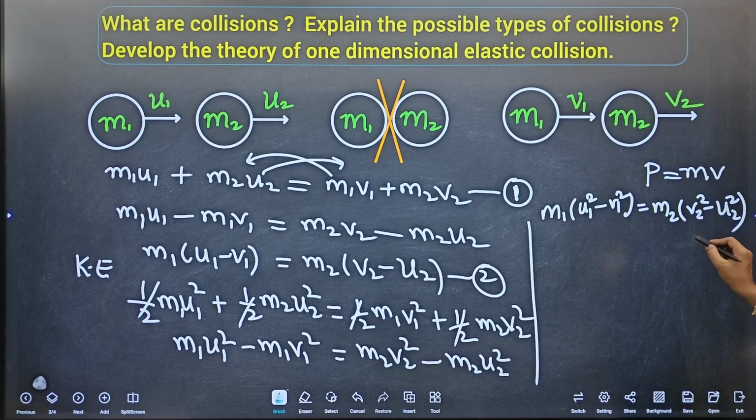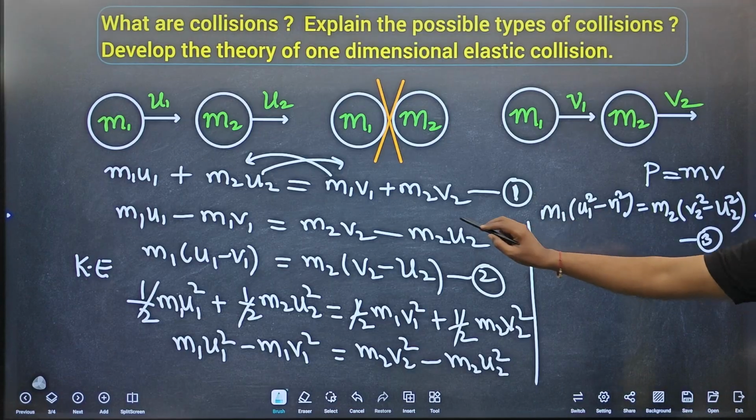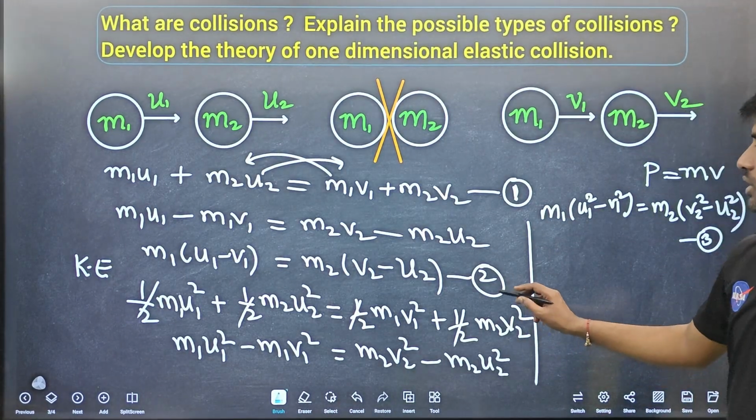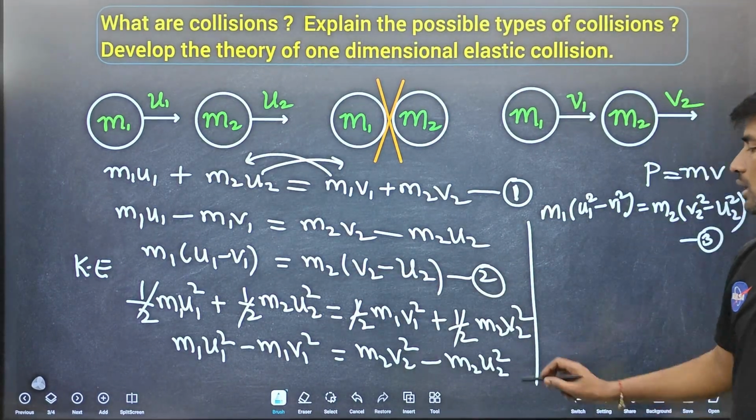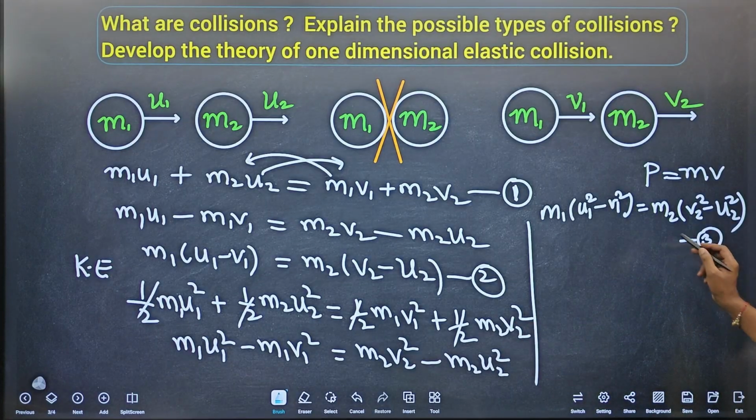So this is the third equation. First equation is the momentum equation, second is after taking out common, next kinetic energy is conserved. So we got this equation 3, right?